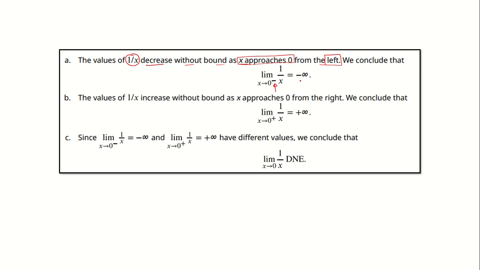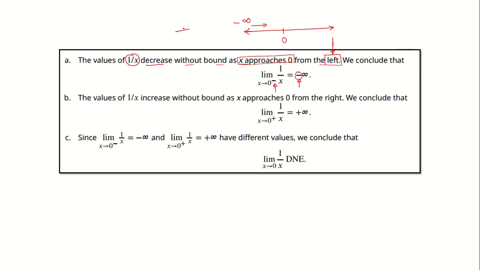Is there any doubt? Why the negative sign? No, no, look, x approaches from the left. If we draw a number line and here is 0, then to the left there is negative infinity, right?